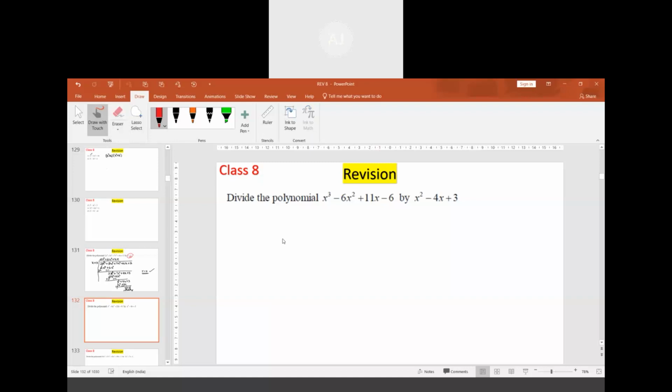Not required. We can follow the long division method, more easier than factorizing this. Okay, sir. Let's try x square minus 4x plus 3, and it divides x cube minus 6x square plus 11x minus 6.